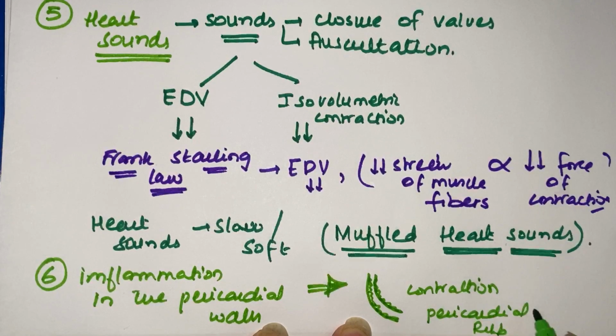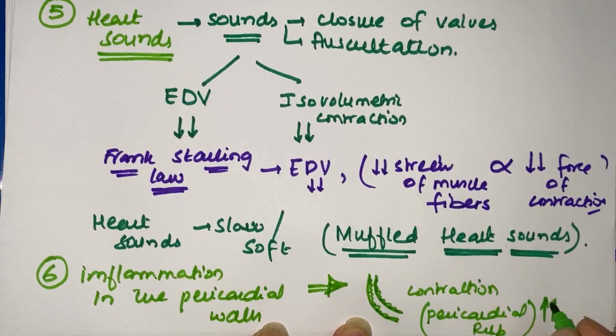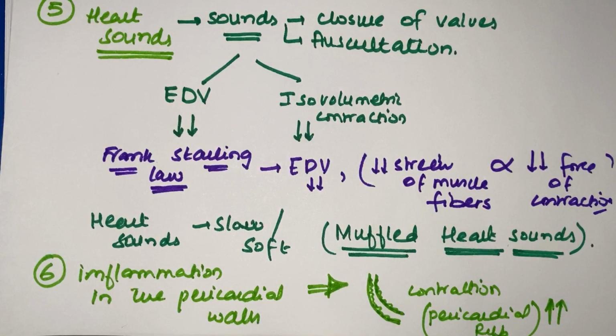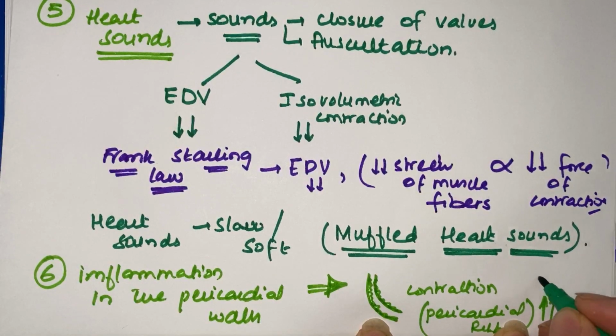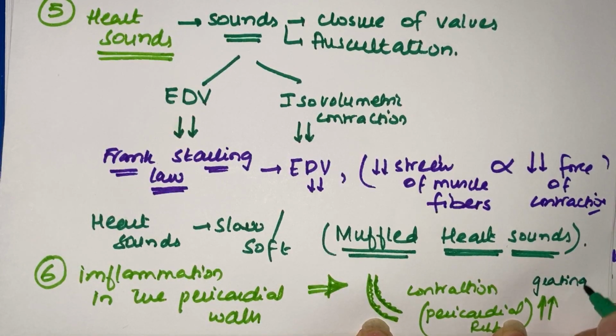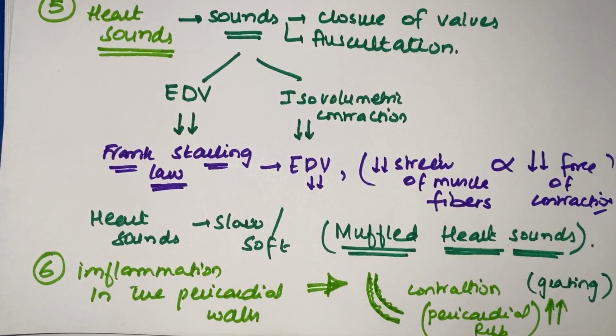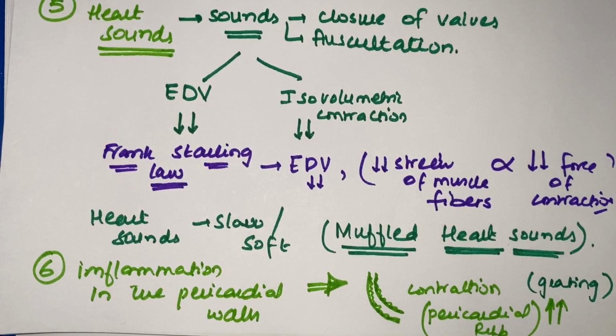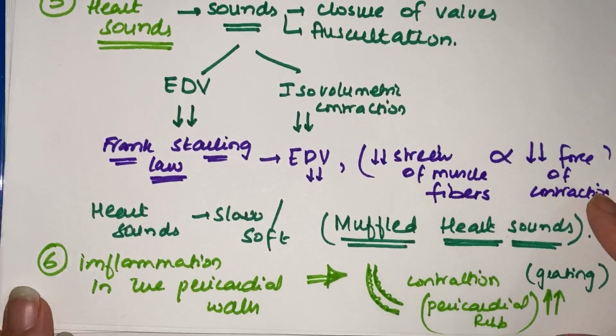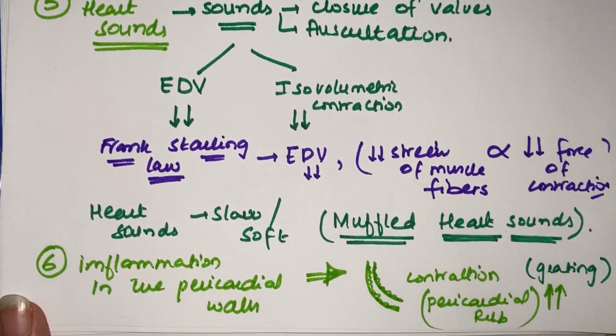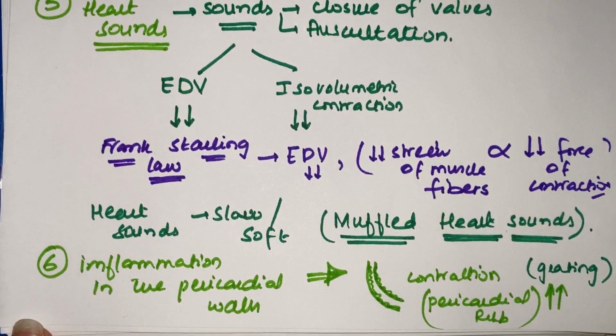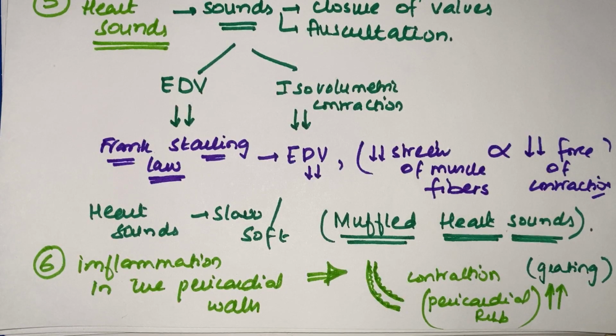Sometimes this pericardial rub is so loud, it is basically a grating sound. This sound is so high that it can even mask our normal heart sounds too. So these are basically the signs and symptoms that will appear in the patient with heart disease, named cardiac tamponade.